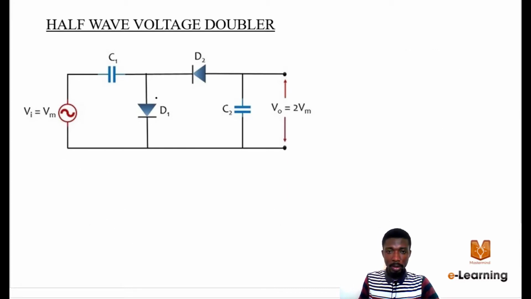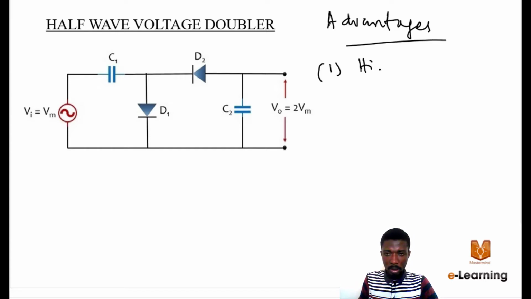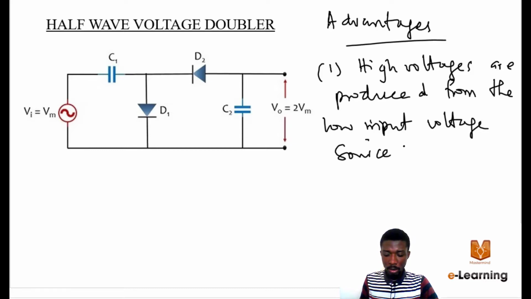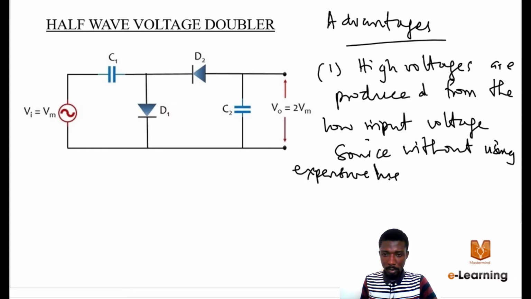Let's look at the advantages of the half wave. The advantages: 1, high voltages are produced from the low input voltage source without using an expensive high voltage transformer.